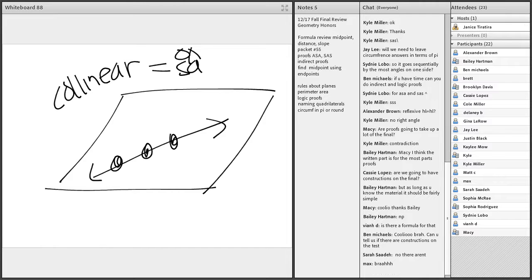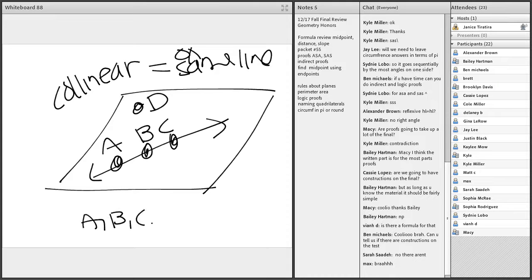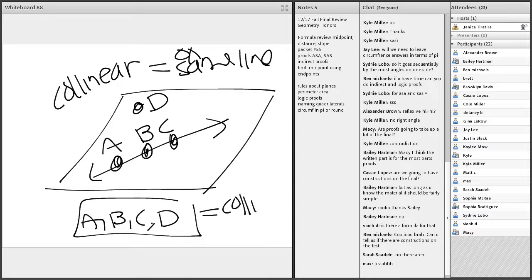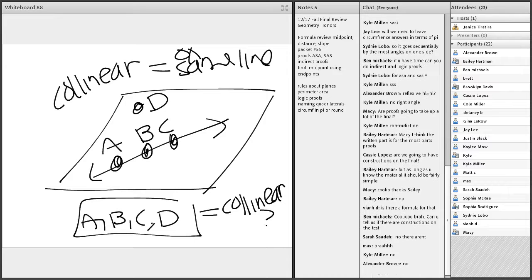So what I drew, A, B, C, those are collinear. But would A, B, C, D all together be collinear? Is that true? Nope, it is not, right?